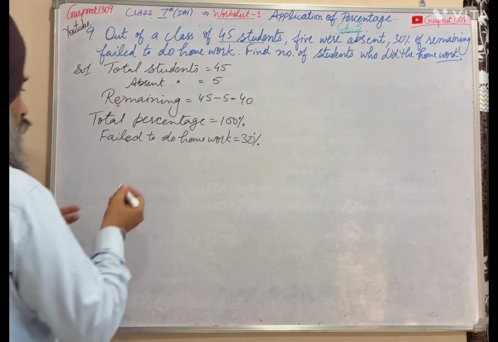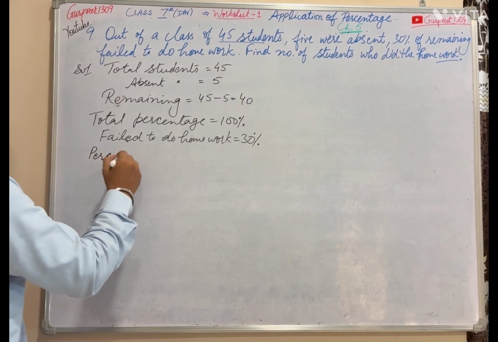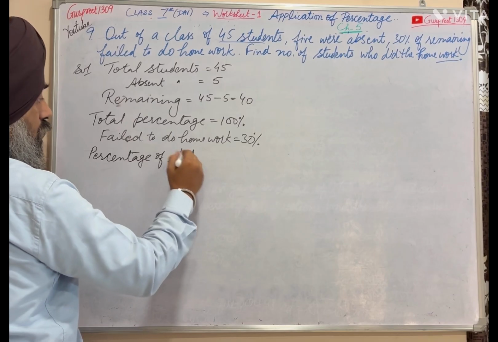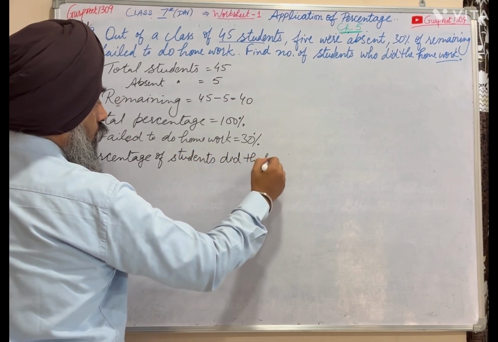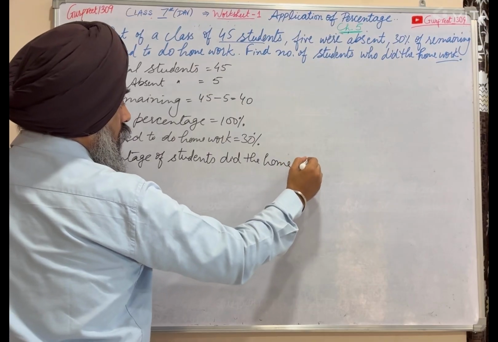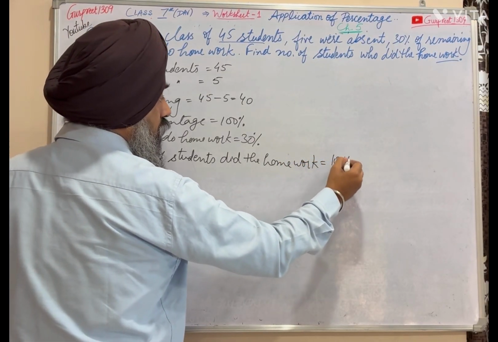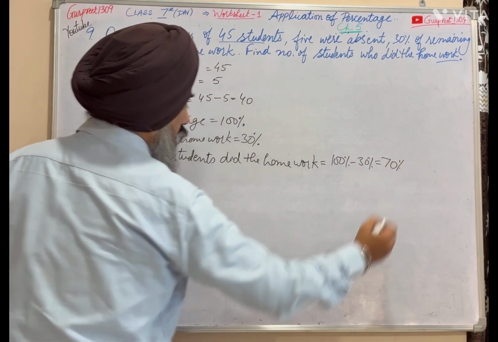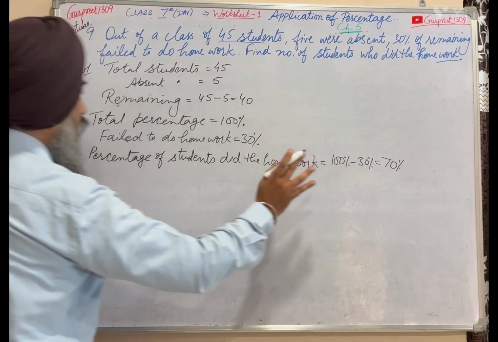So the percentage of students who did the homework, who have completed the homework: how can we find it? 100% minus 30% is equal to 70% have done their work.